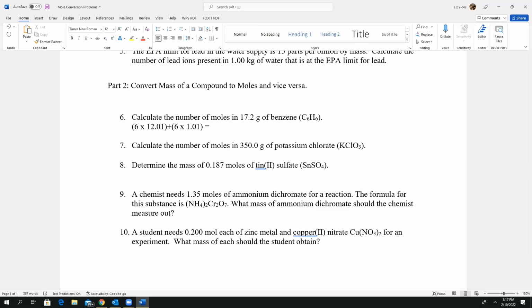And that gives us a total of 72.06 plus 6.06, which is 78.12. And that is our molar mass of benzene. So that's grams per mole, and my period did not come on. Must have hit something weird. Okay. And this is of C6H6, right?